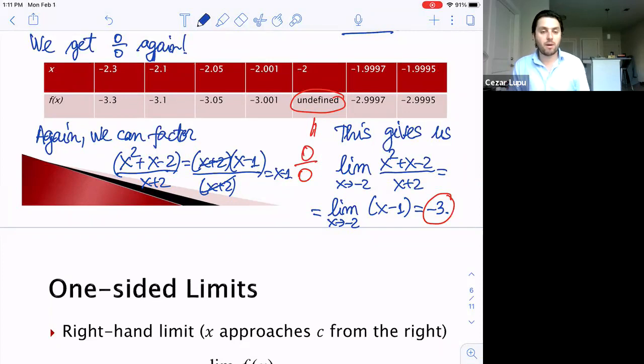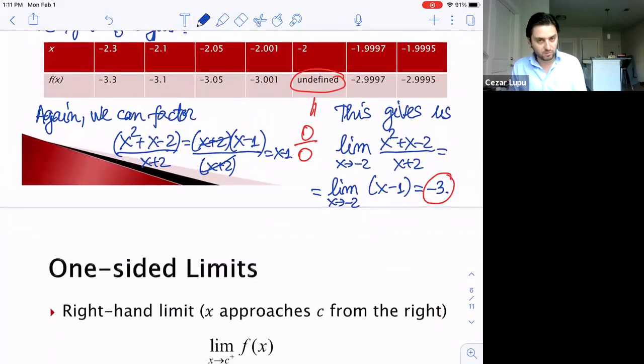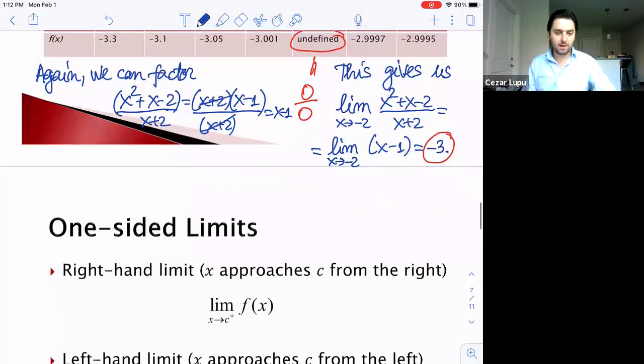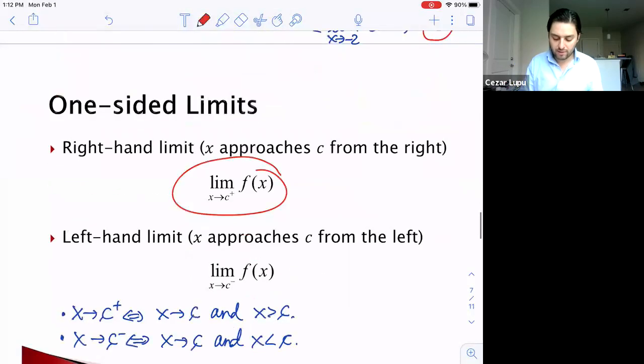And when I talk about the left-hand limit, I'll talk about the values which are less than -2, which are -2.3, -2.1, -2.05, or -2.001. So that's what we mean. Keep these in mind, because at some point we'll compute the right-hand limit and also the left-hand limit. You see exactly what we mean by this. All right.